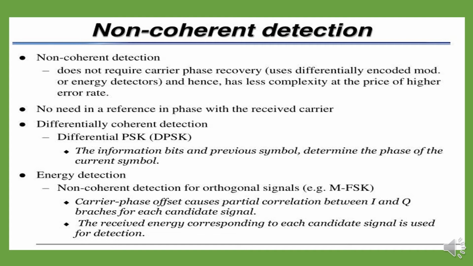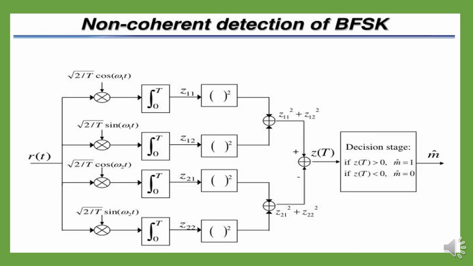The non-coherent detection for orthogonal signals, for example MFSK. Another feature is the carrier phase offset causes partial correlation between I and Q branches for each candidate signal. The received energy corresponding to each candidate signal is used for detection.